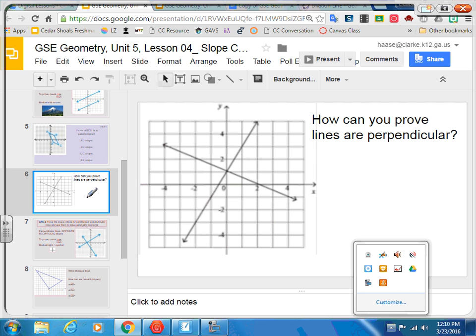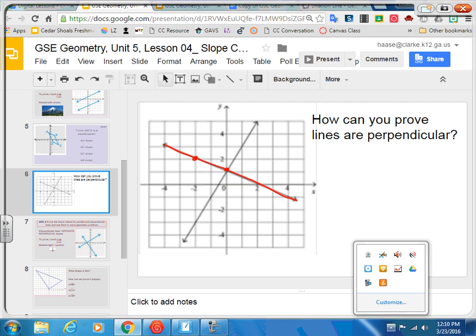Let's look at this line right here. Is the slope going to be positive or negative? Negative. Why negative, Marquez? You're right. Because it's going down from left to right, right? I'm going to pick two, what they call lattice points, where it's easy to read on the graph. I pick these 2 points.